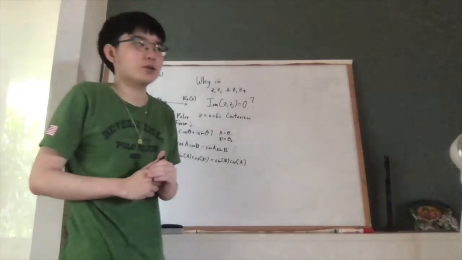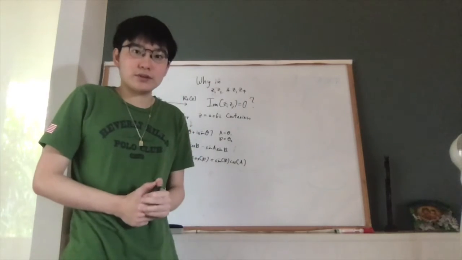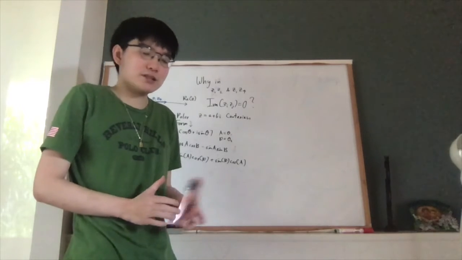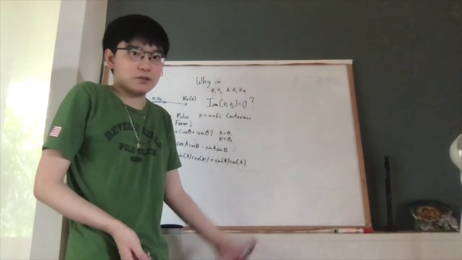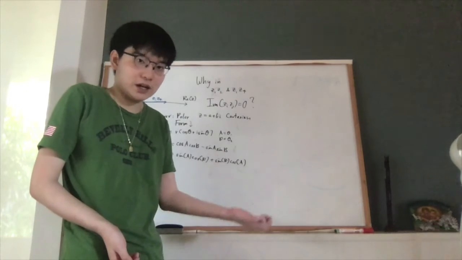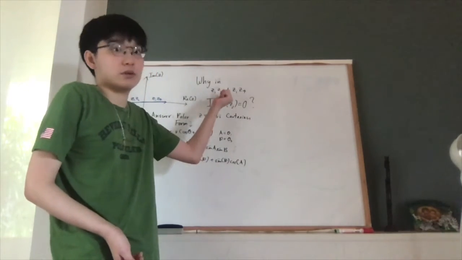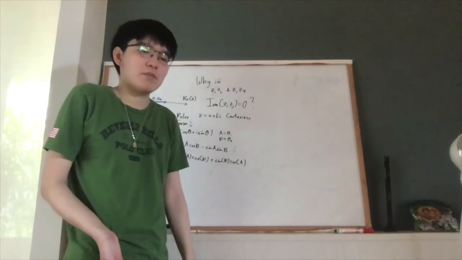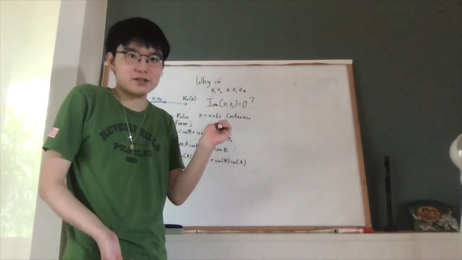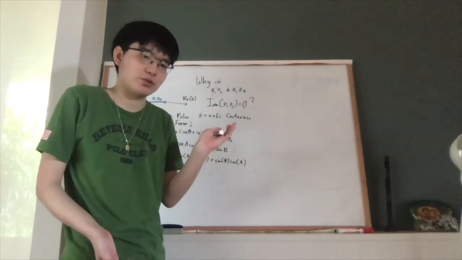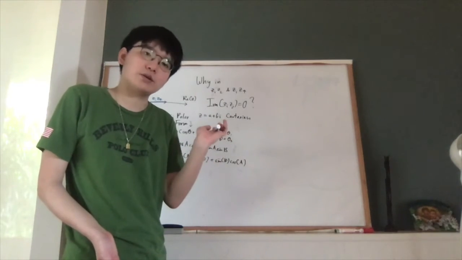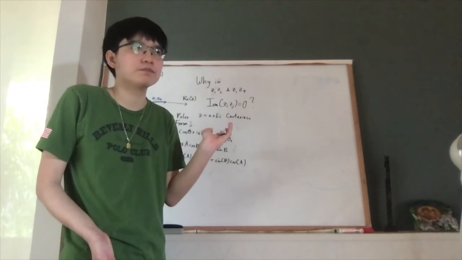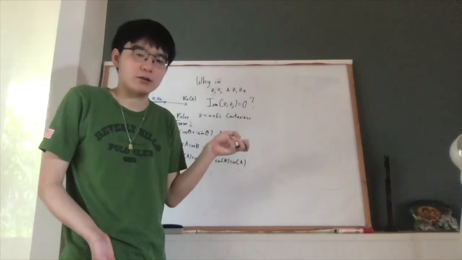So if you watch my video or understand that imaginary numbers under multiplication form a cyclic group of order 4, then the reason why we end up with an imaginary part of 0 when we multiply these complex numbers together is because we're giving different rotations, and these rotations just happen to map to a multiple of 180 degrees or pi, and another multiple of 360 degrees or 2 pi radians.